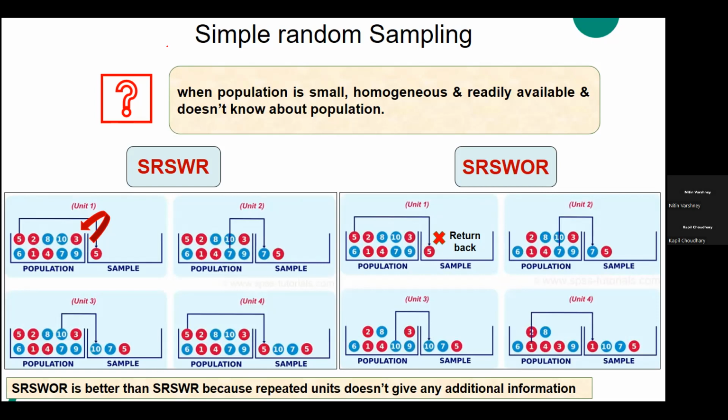We have two types of simple random sampling. The first one is simple random sampling with replacement. What is the meaning of with replacement? Suppose, as you all know, in a lottery system we have different chits, and we pick one chit randomly, and suppose one number comes up and we give some gift to the selected person.